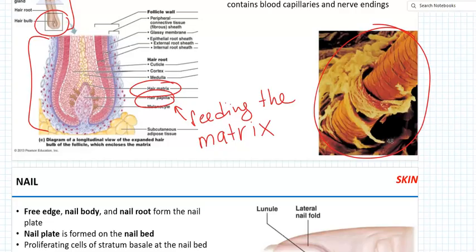Gone. Because of the lack of blood flow. No blood flow, no supplementation of the matrix, the hair dies, for good. Does that make sense?